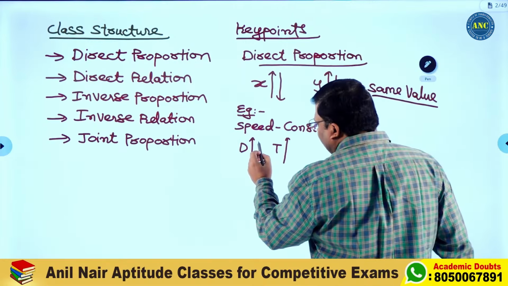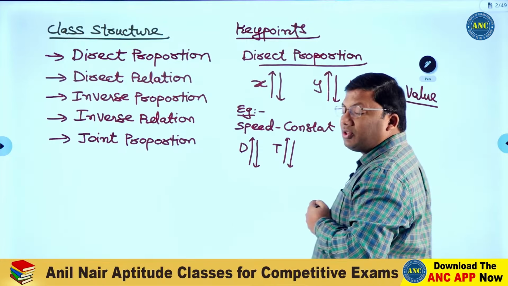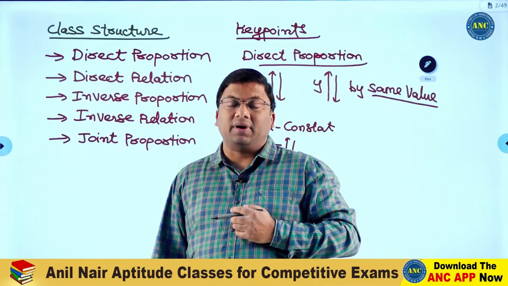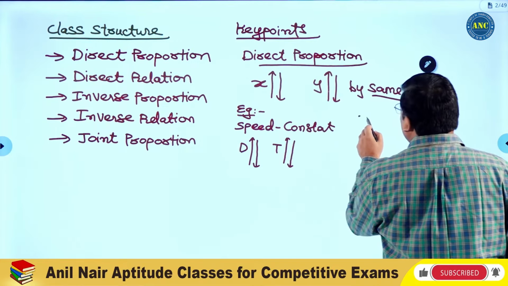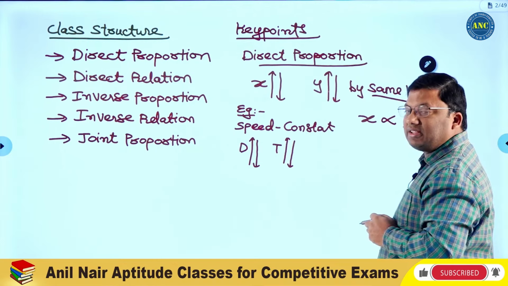If the distance I need to travel is less, time taken to travel will also be less. If speed is constant, distance and time are directly proportional to each other. When I say directly proportional, x increases, y also increases by the same value.